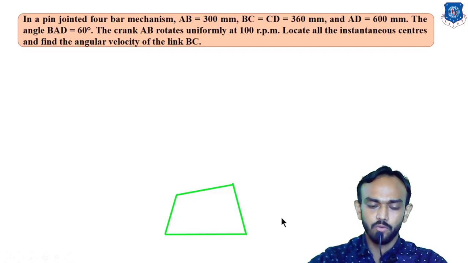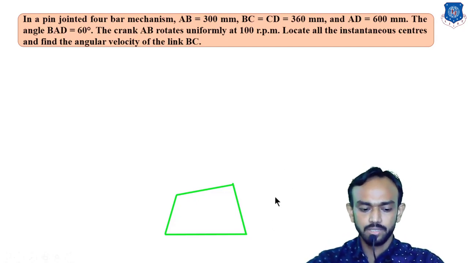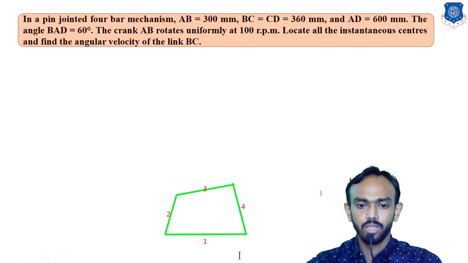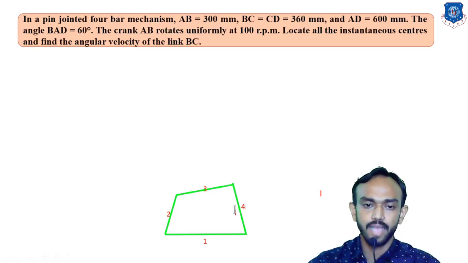First of all you have to draw the 4-bar chain mechanism like this. So this is your 4-bar chain mechanism, and you can label the link numbers: this is link number 1, link number 2, link number 3 and link number 4. So we have to locate all 6 eye centers.